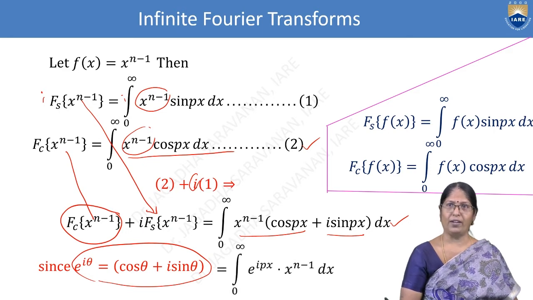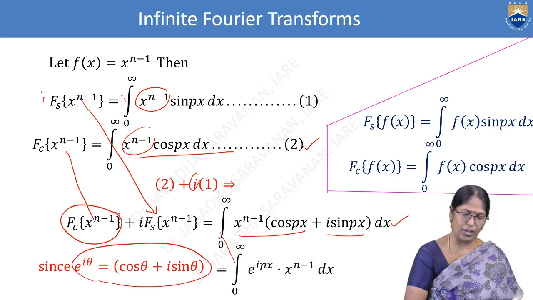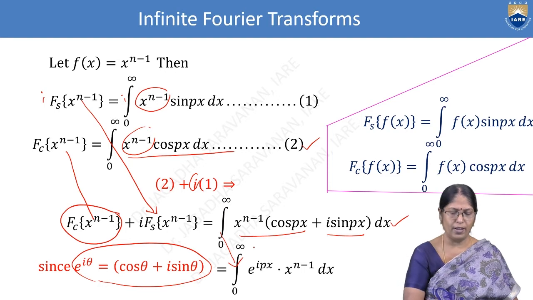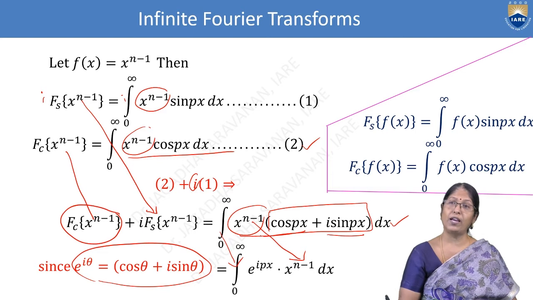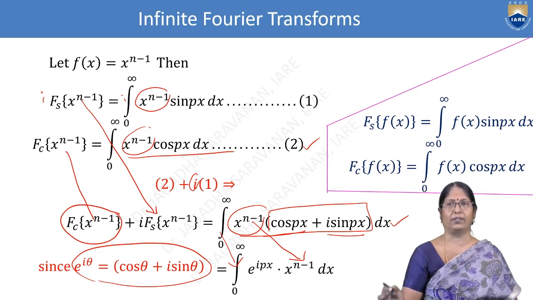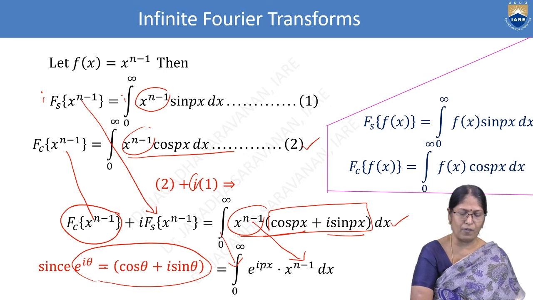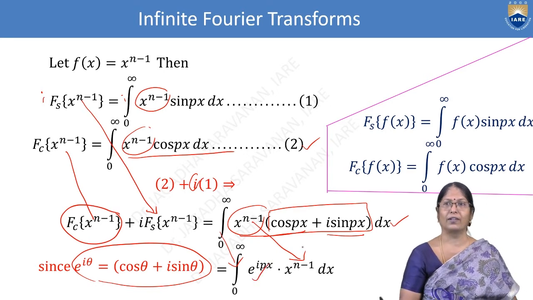So we can write it, integral 0 to infinity as it is. This x power n minus 1 we didn't touch at all. As it is, we wrote it. But this part, cos px plus i sin px, we have written as e power i px dx.